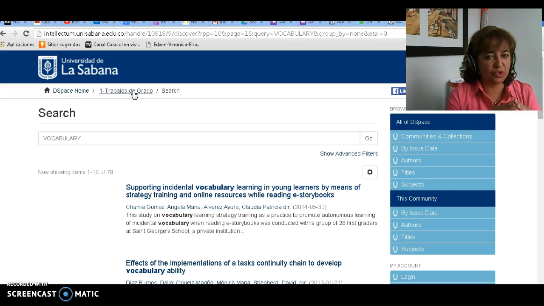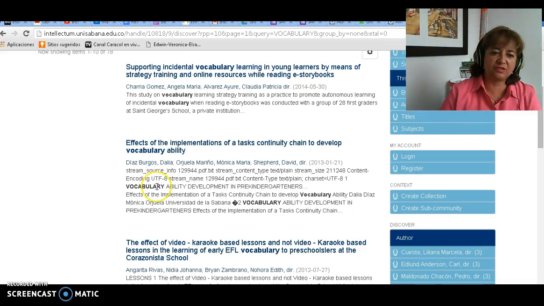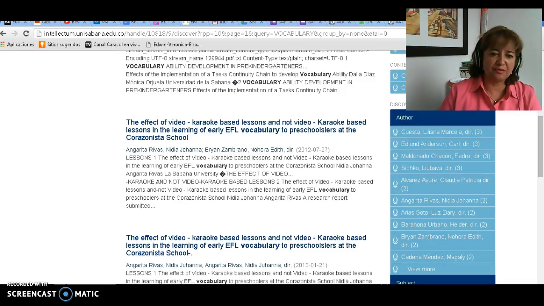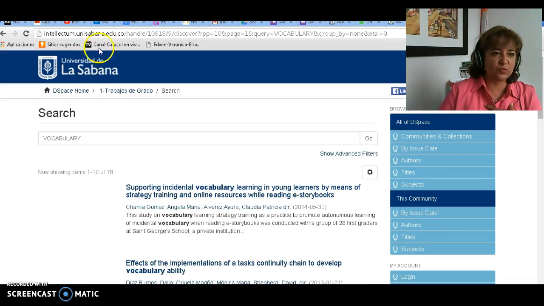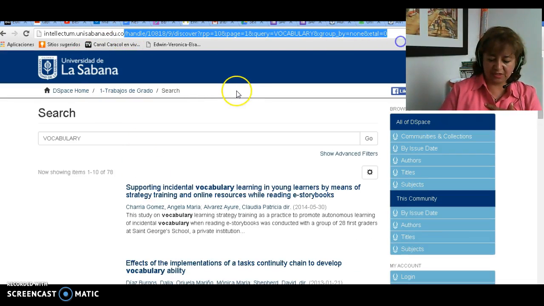Please do not consider that the strategy is the tool per se. It's not, let's say, Facebook. It's not the website. There must be a strategy that actually helps students rather than the tool. Okay, that's one important issue to tell.